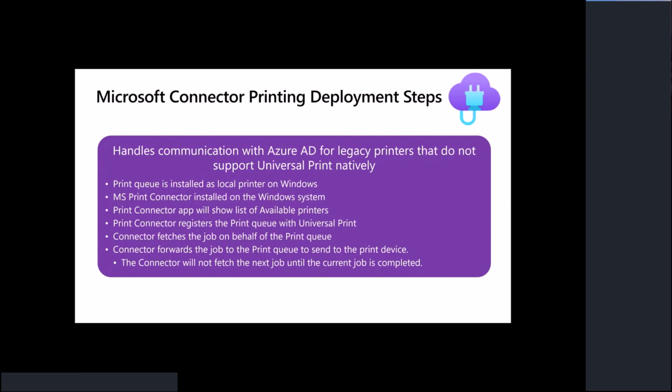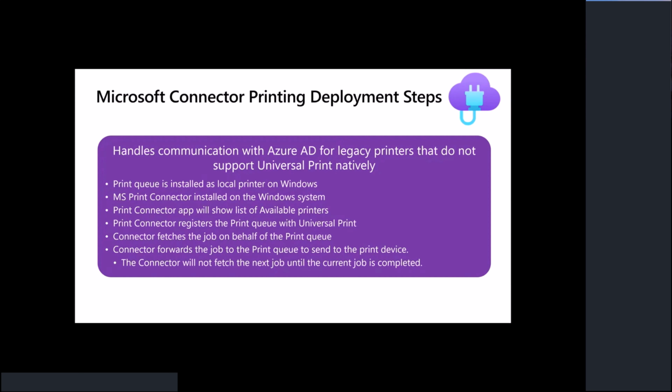The jobs that come down from Windows clients are typically XPS formatted jobs, but we also support PDF if you're using the Graph API or Business Central, which supports Universal Print directly.